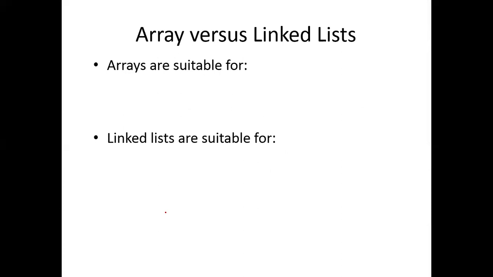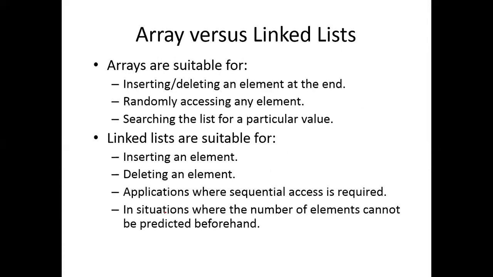Now we are going to see the difference between array and linked list. An array is also used to contain a list of items, and a linked list also contains a list of items. But what is the difference between them? An array is a sequential memory allocation of a sequence of data. For example, if I take an array of 10, all 10 memory locations will be allocated sequentially.